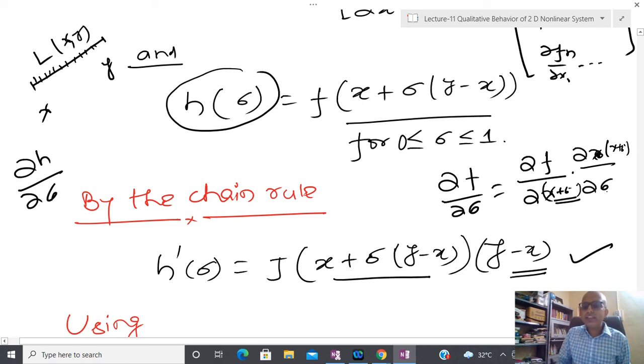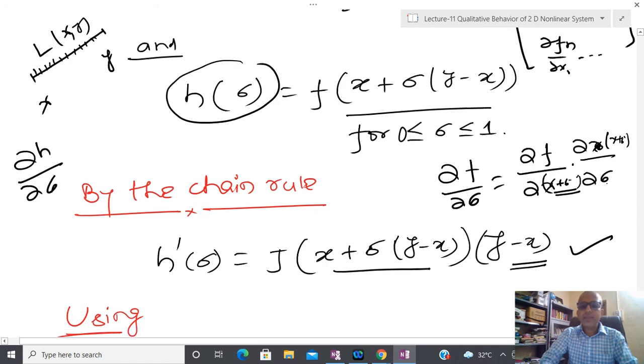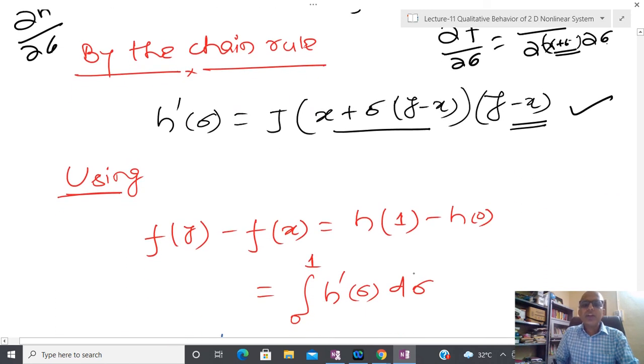Okay, if this is clear, I will complete within 5 minutes. Now I have to establish the multi-dimensional version of the mean value theorem.